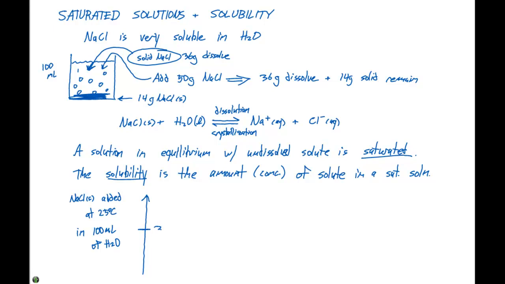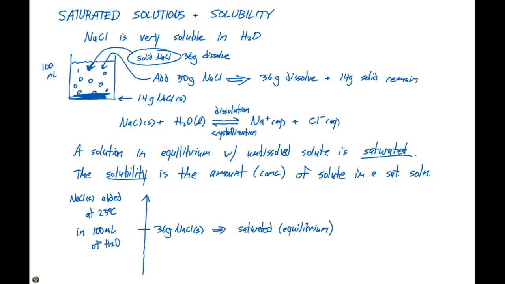We make our benchmark right here as 36 grams of NaCl. This is our saturation point. We can say that the solution is saturated at this point, which means that we're at equilibrium.